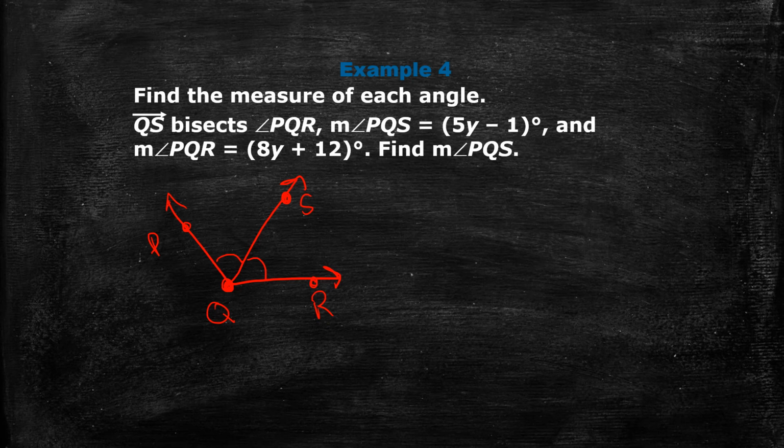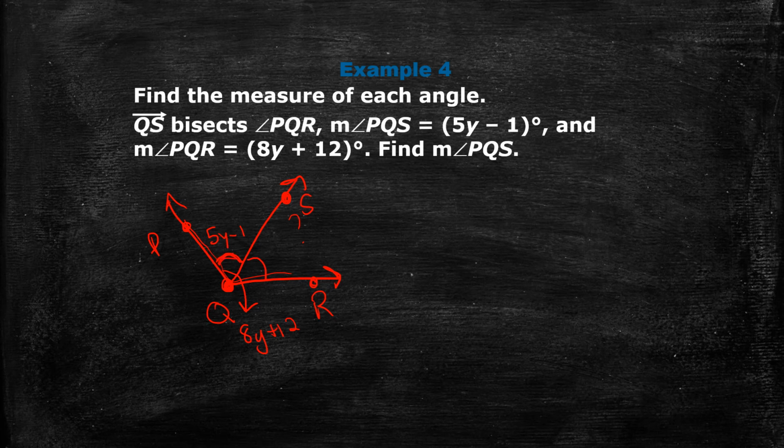Now let's look at the other information it tells us. It tells us PQS, this angle right here, measures 5y minus 1. It also tells us that PQR, the whole thing, I'm just going to write it down here, is 8y plus 12. Well, how do we go about solving that? I was not given anything for angle SQR.